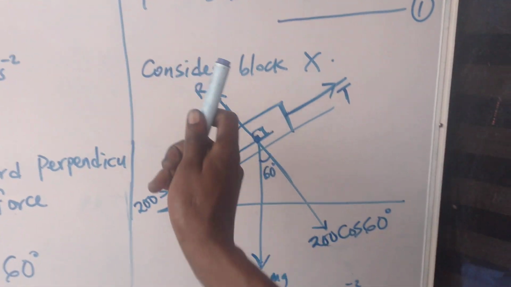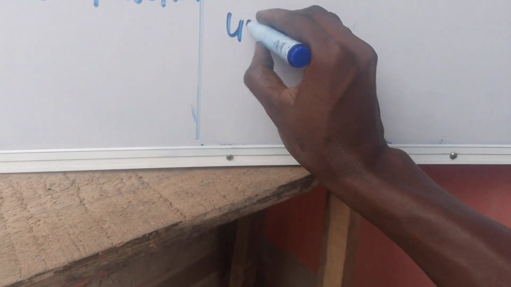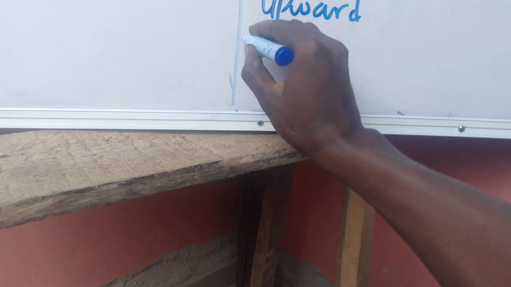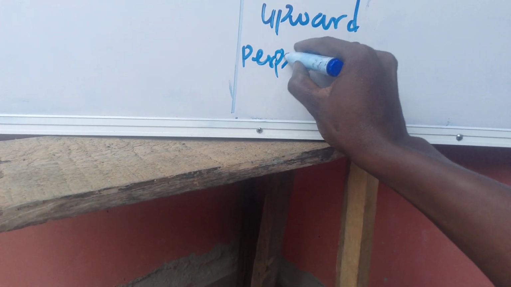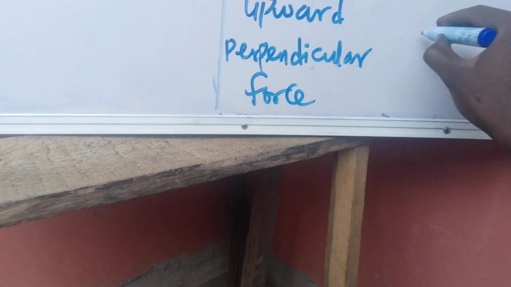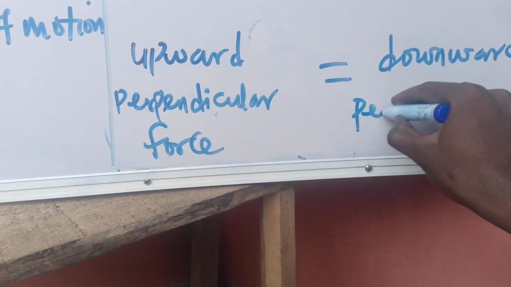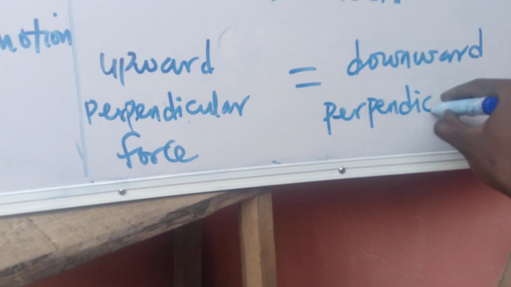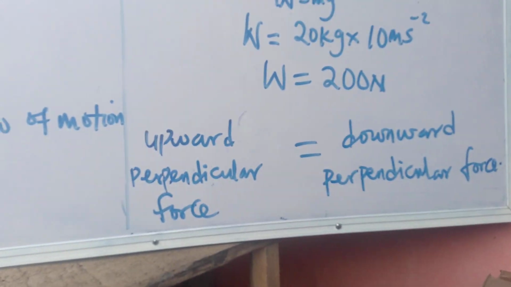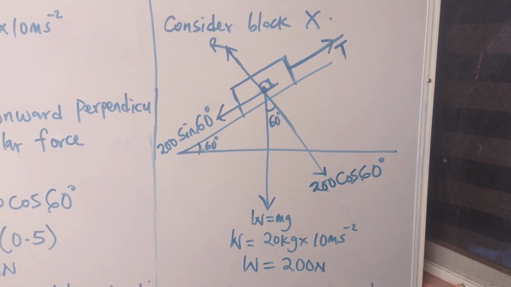The upward perpendicular force is equivalent to the downward perpendicular force. The upward one is the normal reaction, and the downward one is 200 cos 60.